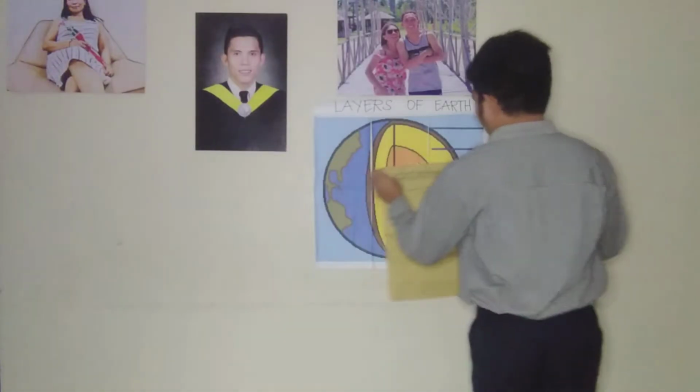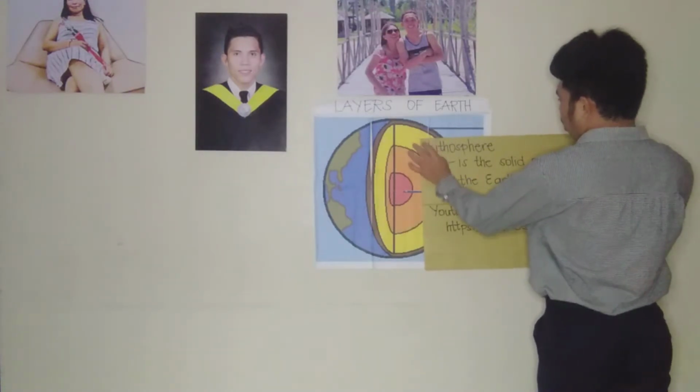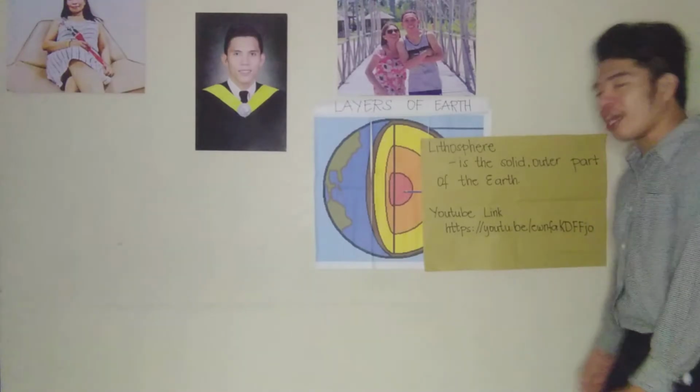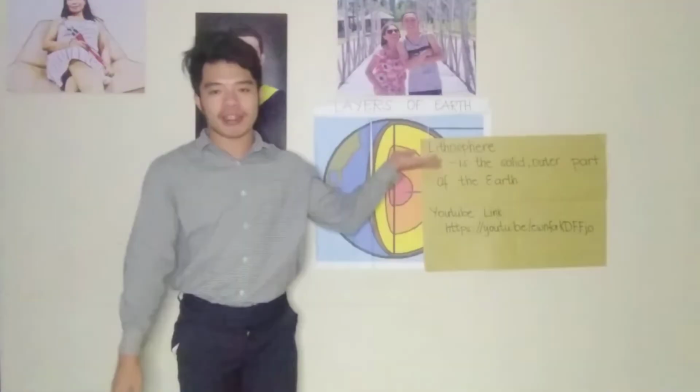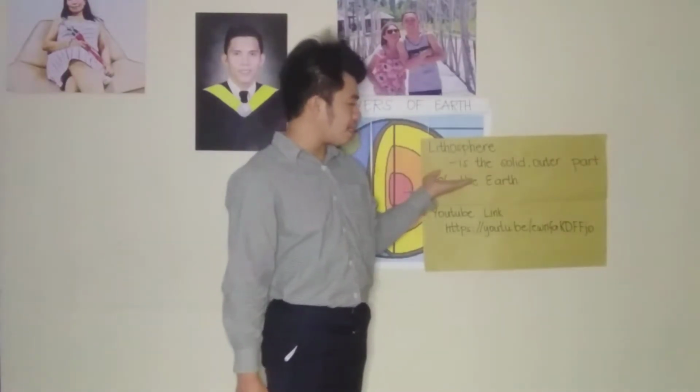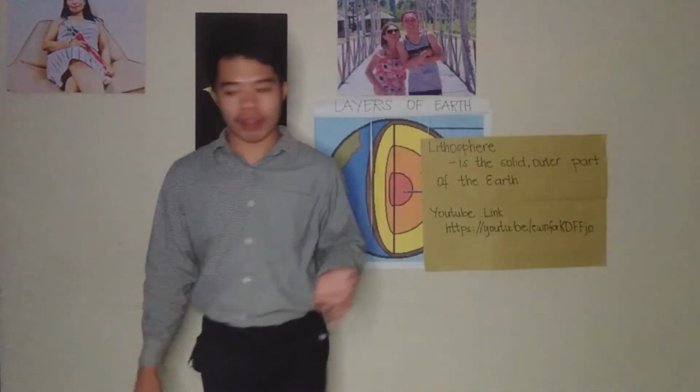We are going to talk also about a part of the layers of the Earth, especially in the crust: the lithosphere. The lithosphere is the solid outer part of the Earth.